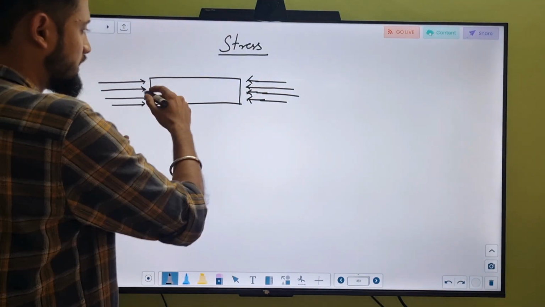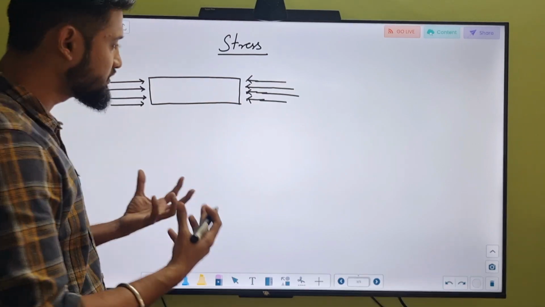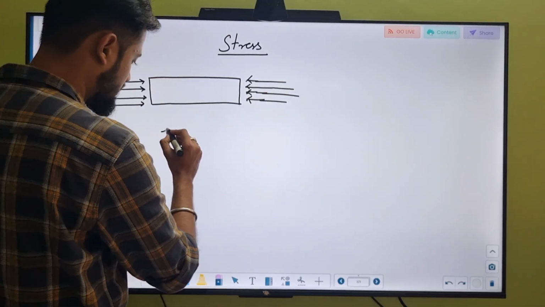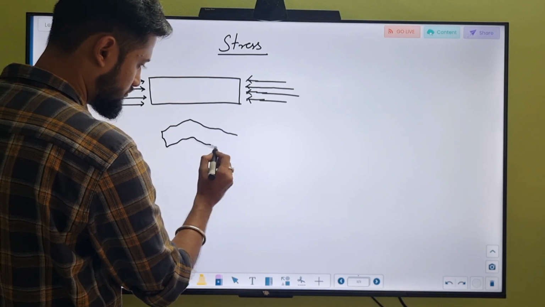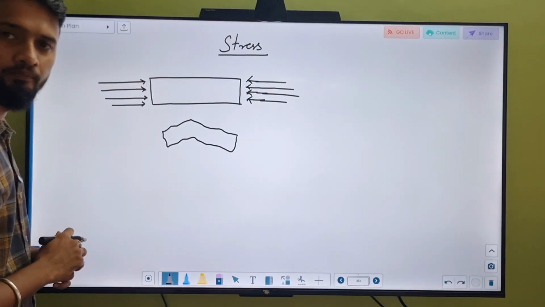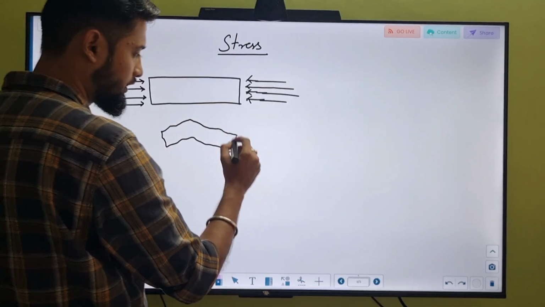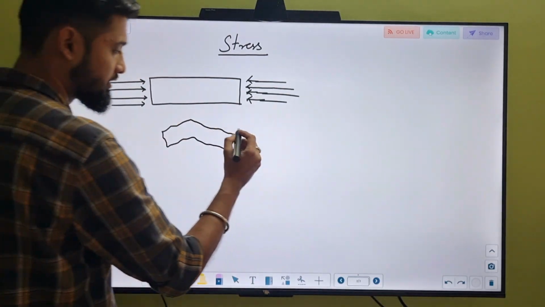The block tends to change its shape. Okay, so it might become like this.